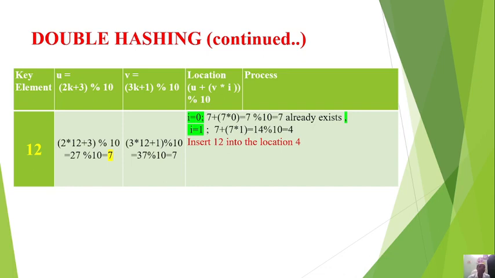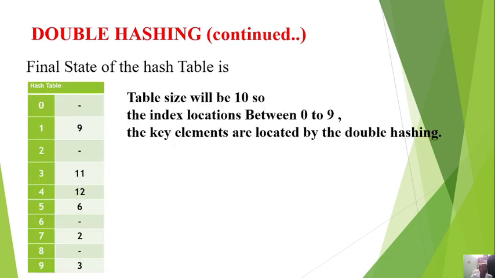So now we conclude with how the key elements are inserted in the hash table. At position 0 there is no element inserted, at position 1 is 9, position 2 no element, then position 3 is 11, at position 4 is 12, the last value, then position 5 is 6, then position 6 nil, then position 7 is 2, then position 8 nil, then position 9 is 3.